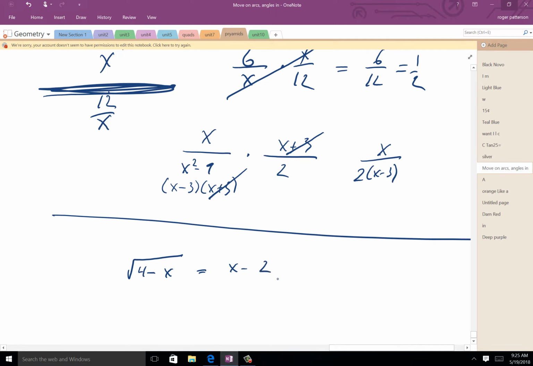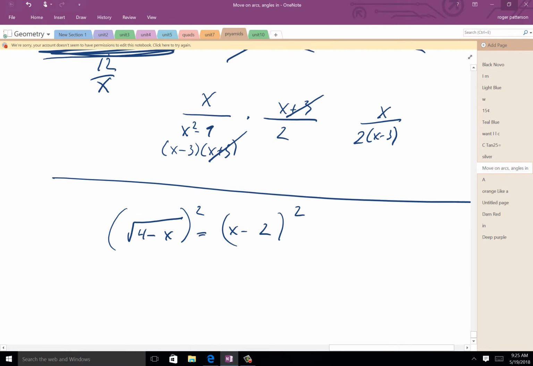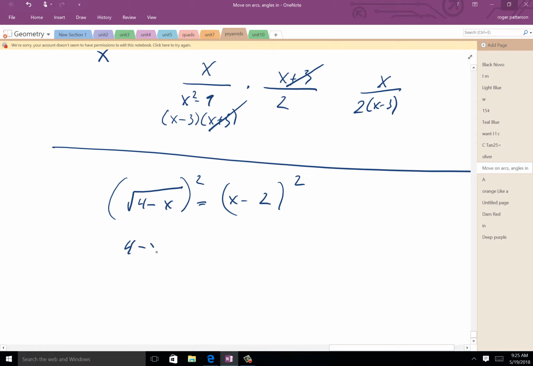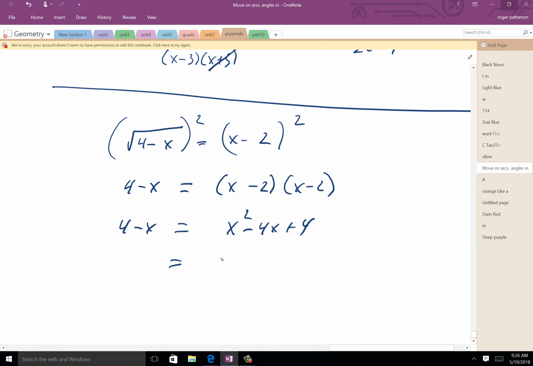So let's try another one like this. We're going to square both sides. This we're going to have to FOIL. See, we're going to add an x, subtract a 4.